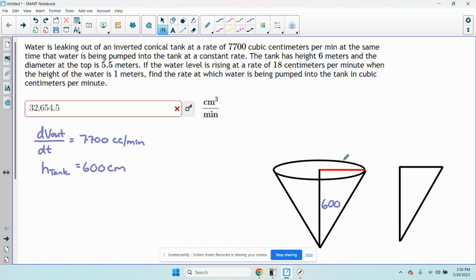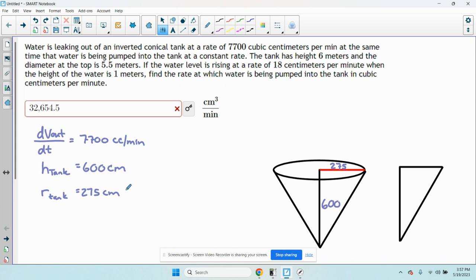And the diameter at the top is 5.5 meters, so this is 550 centimeters. Oh, that's the diameter. So the radius is going to be half that, which is 550 divided by 2, which is 275. So the radius of the tank is 275 centimeters.